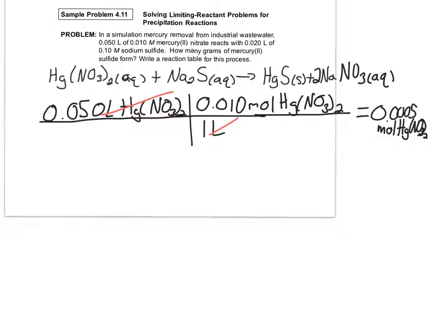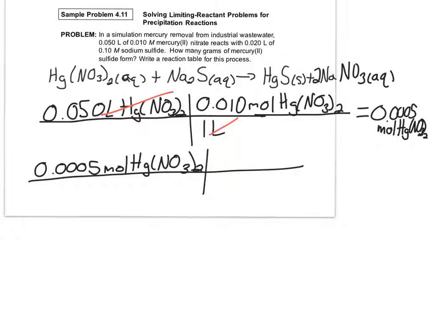Okay, and now I can convert to product. I'm looking for mercury sulfide. So if I have 0.0005 moles of mercury(II) nitrate, and I'm wanting to know how much mercury sulfide, remember our balanced equation relates those things, right? Those molar ratios. For every 1 mole of mercury nitrate, I can make 1 mole of mercury sulfide.